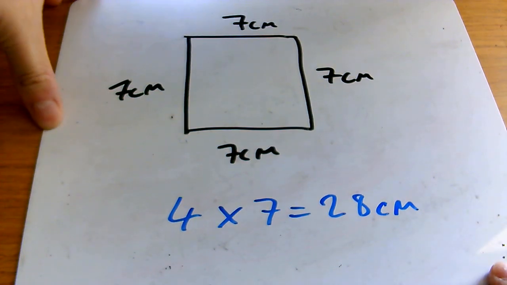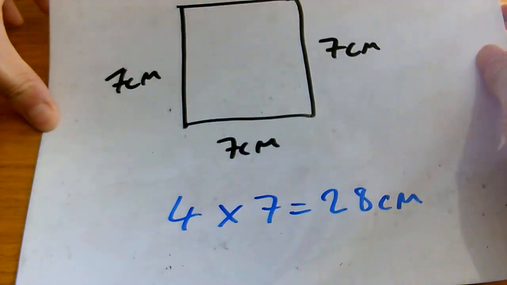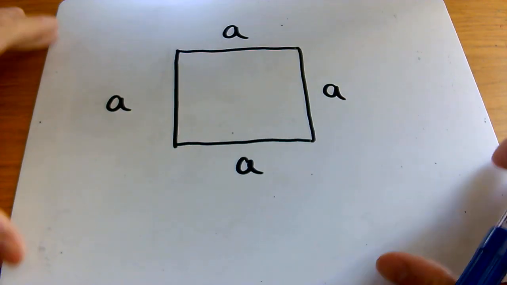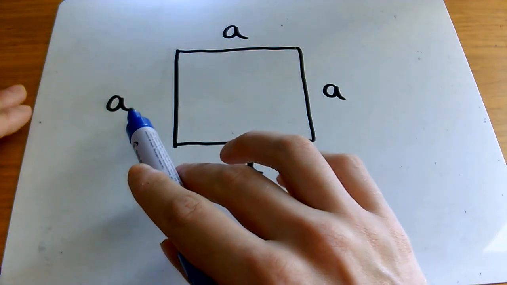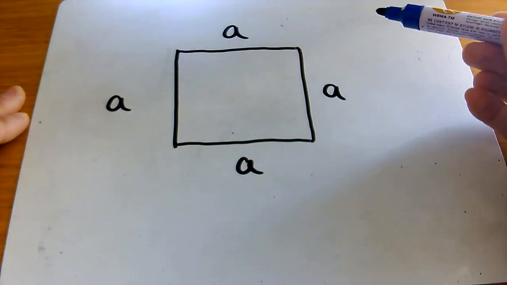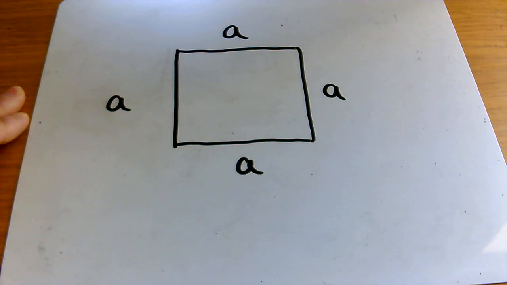As you've seen though, sometimes you don't know the exact value of measurements, and that's when we can use algebra to do the maths anyway. So it's the same question, we want to work out the perimeter of this square, but this time the side lengths are A. So we don't know what they actually are exactly, but we can still do some maths using algebra.